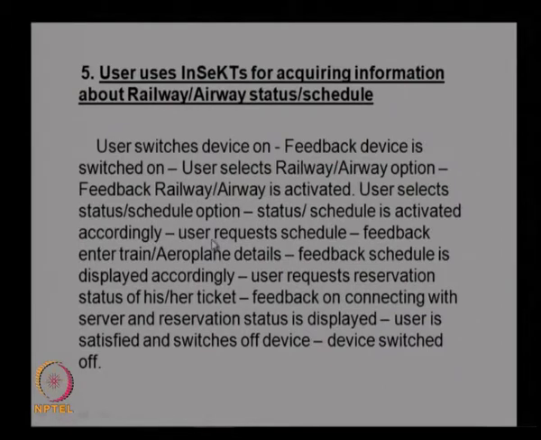When the user requests the schedule, feedback will be given about the train or air services, and based on that he will give the details, and then the user requests the reservation status of the ticket, if it is a status inquiry. Then feedback on connecting with the server and the reservation status is displayed, and the user is satisfied and switches off the device, and the device is switched off. So those are the activities carried out by the user when using this particular service.